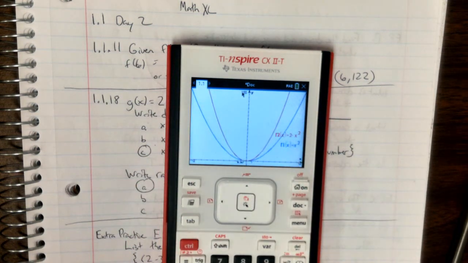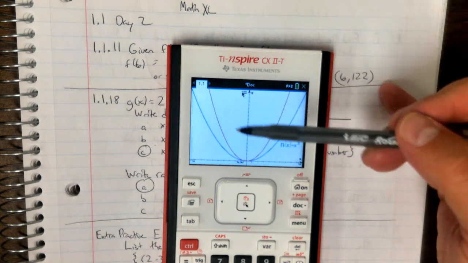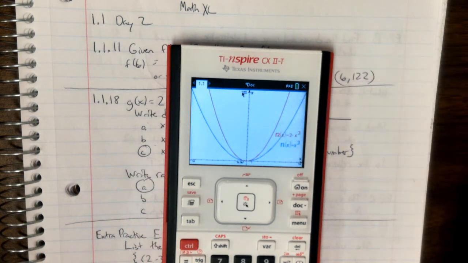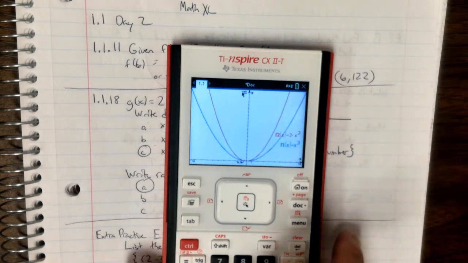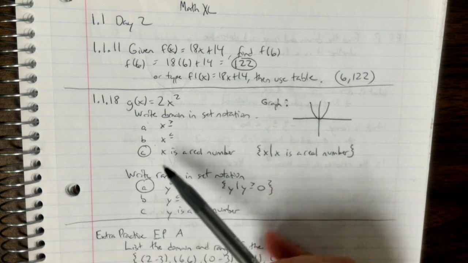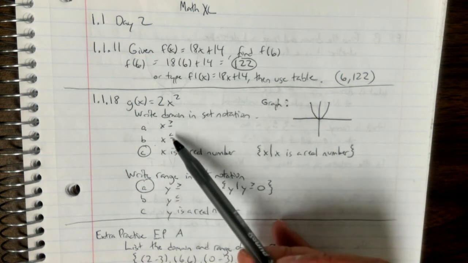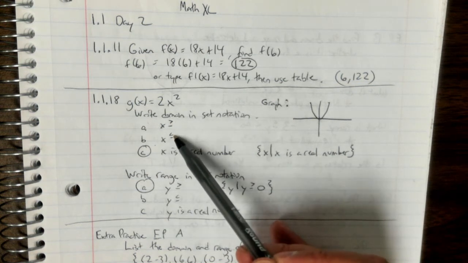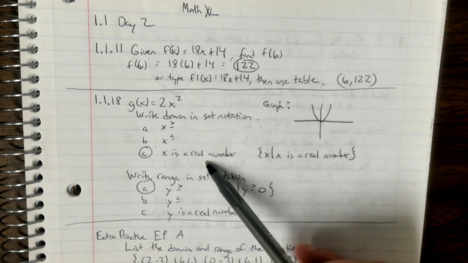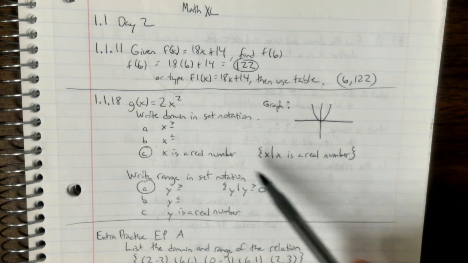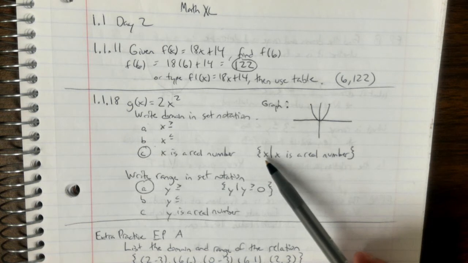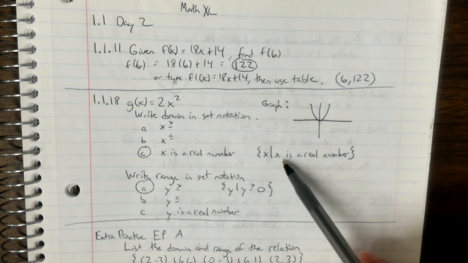Later on we'll study functions that have things like vertical asymptotes and functions with holes in the graph. But for something like this, I can't even pick a single point where it's not defined. So it's not that it's greater than or equal to, or less than or equal to anything. It's that it's a real number. So the way they write it is the set of all x's such that x is a real number.